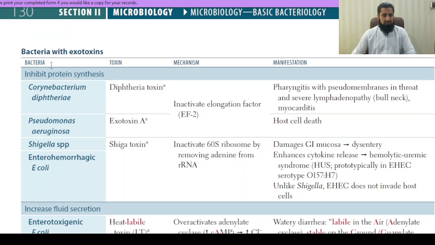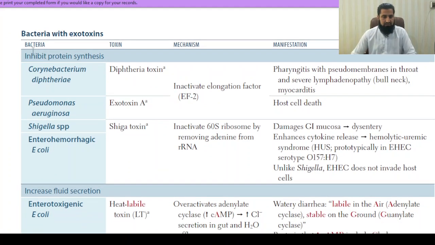Come on, let's see bacterial exotoxins in detail. Bacterial exotoxins, their mechanism of action and manifestations. Inhibit protein synthesis. Corynebacterium diphtheriae's toxin is diphtheria toxin, which inactivates elongation factor EF2, and it causes pharyngitis with pseudomembrane in the throat, sore throat, lymphadenopathy, and bull neck.